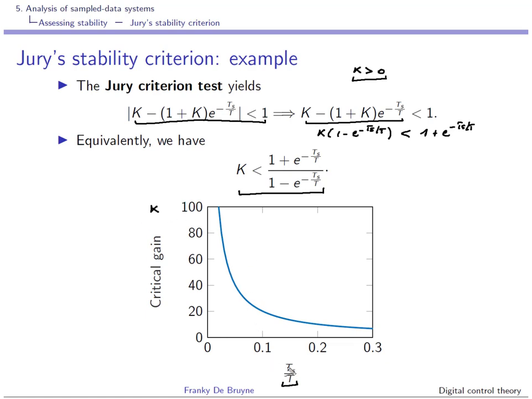Whereas when Ts becomes larger and larger with respect to the main time constant, well, this critical gain is then decreasing. This is kind of obvious, okay, because when Ts is increasing with respect to the main time constant, well, the effect of the zero order hold mechanism becomes larger and larger in the analysis of the sampled data system.